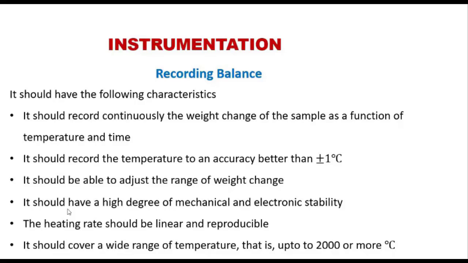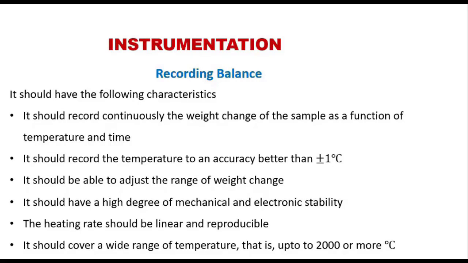The recording balance is the most important one, so it should have the following characteristics. It should record continuously the weight change of the substance as a function of temperature and time. It should record the temperature to an accuracy better than plus or minus 1 degree centigrade. It should be able to adjust the range of weight change, even for small weight changes.